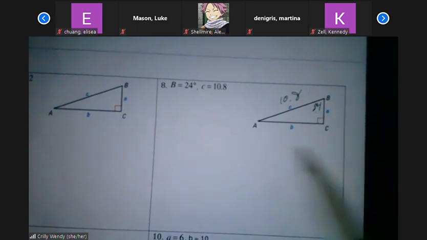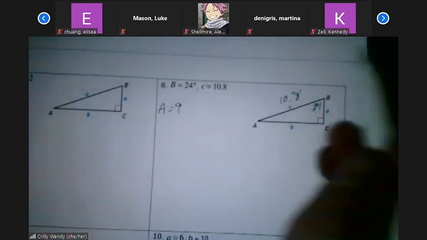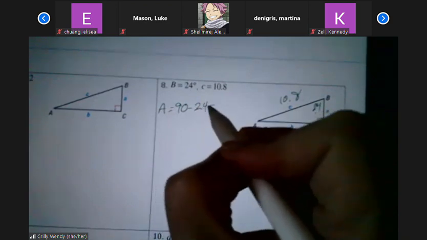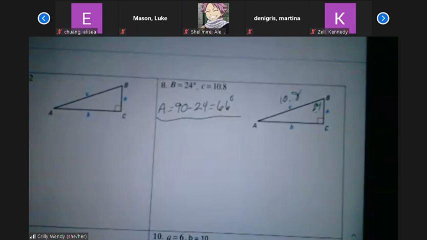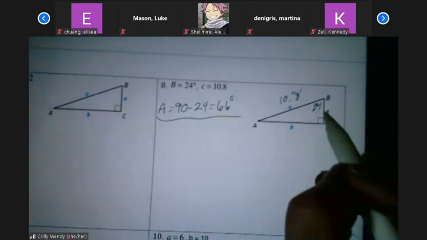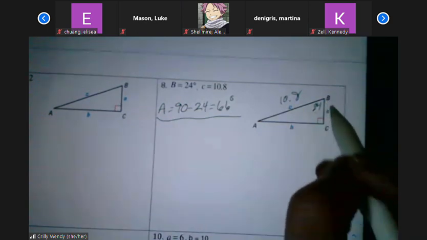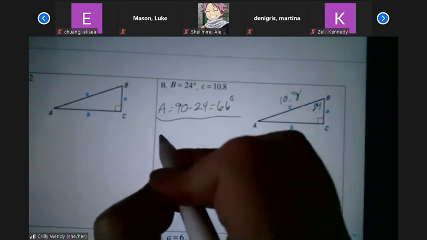All right, so again, A is 90 minus 24, which is going to be 66 degrees. So looking for side A, well, A is the adjacent leg, and I have the hypotenuse, so that's cosine.